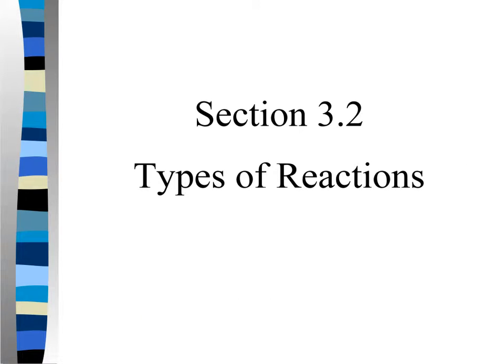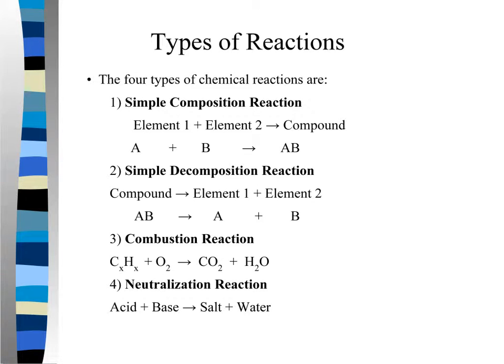Now, the next thing we're going on to is the types of reactions that we will see. There are 4 types of chemical reactions that we are going to identify in this lesson. Number 1 is simple composition reactions. This is where we have element 1, from our periodic table, and element 2 on the reactant side, and they are going to produce some sort of compound.